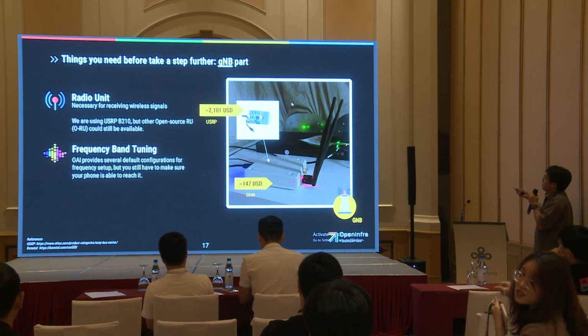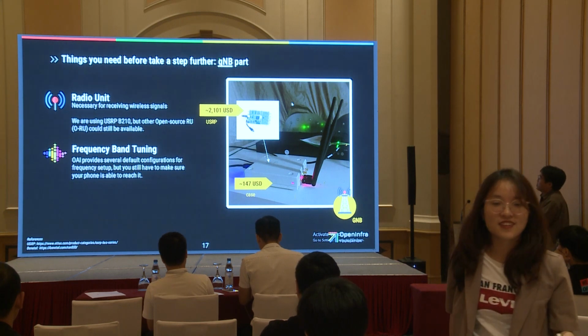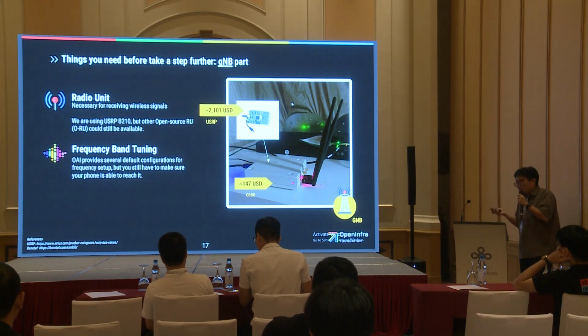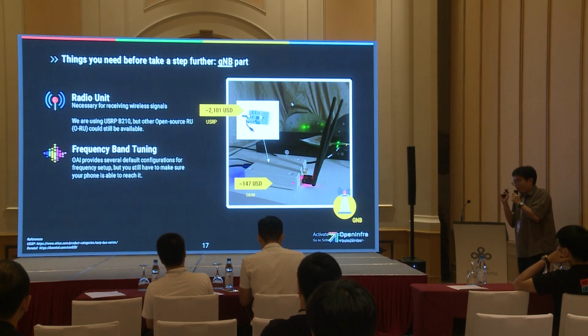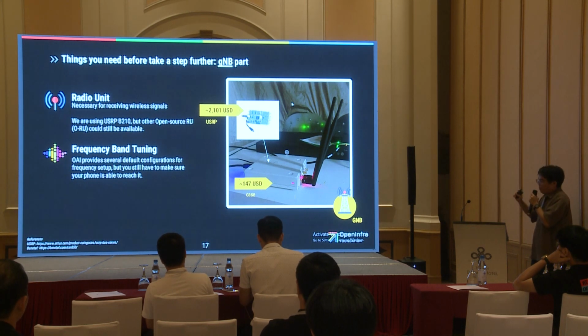So we move on to the gNB, the base station. The base station you would expect is a huge one with multiple antennas. It's very, very, very expensive, and many people are not going to buy it. So there are other choices, such as an open source radio unit available on the market, like the USRP B210.